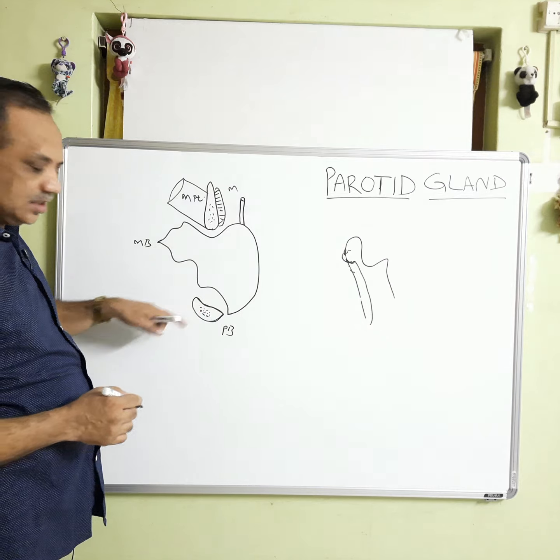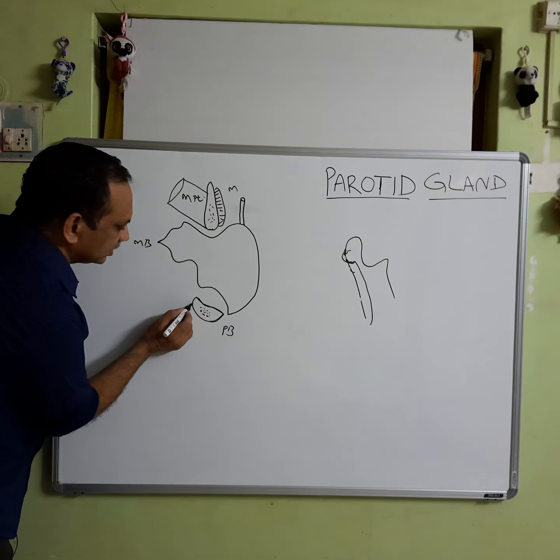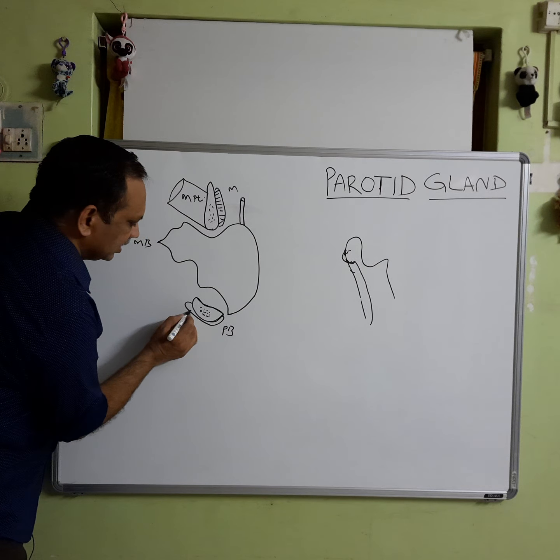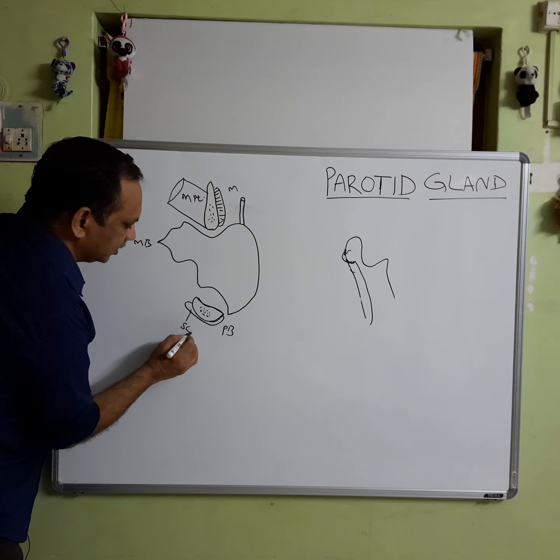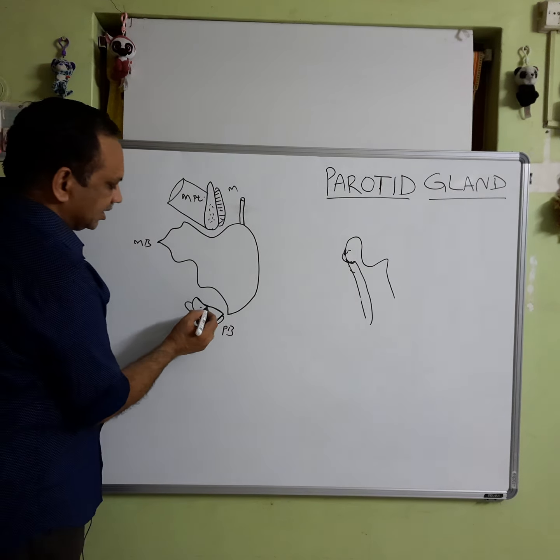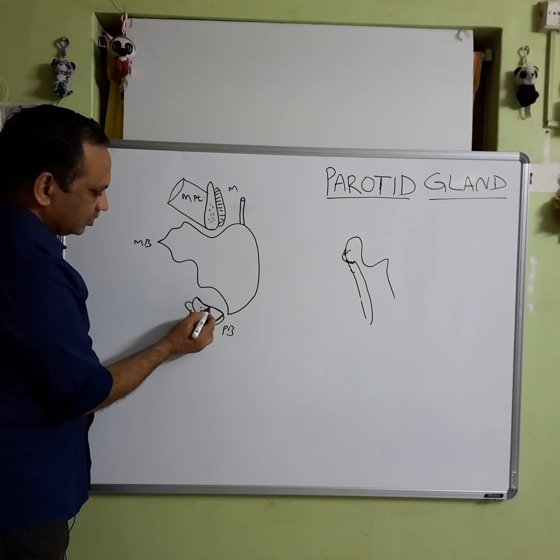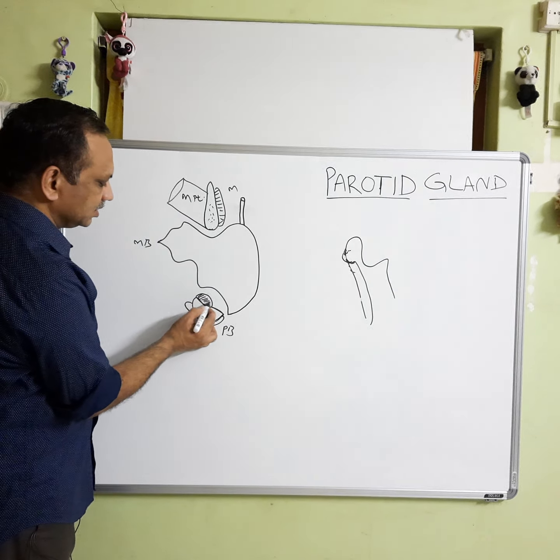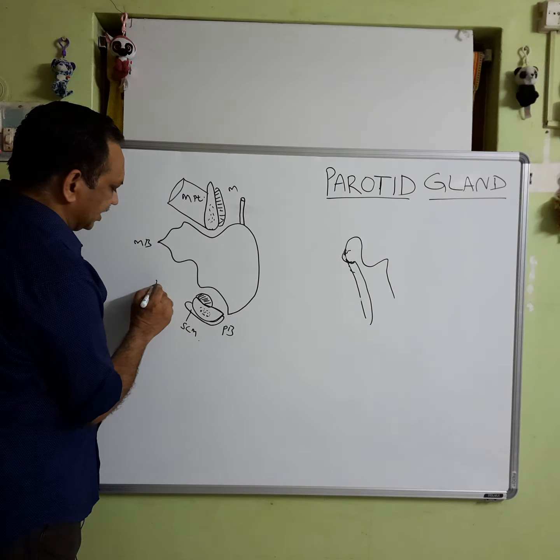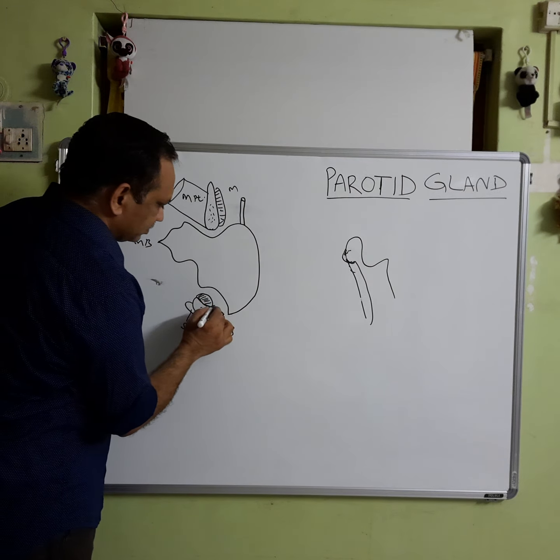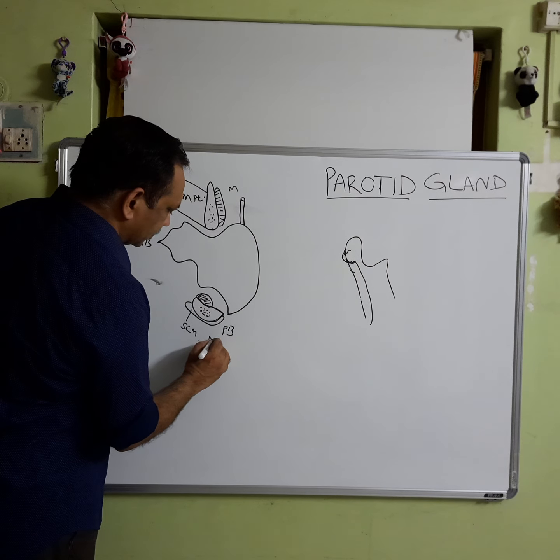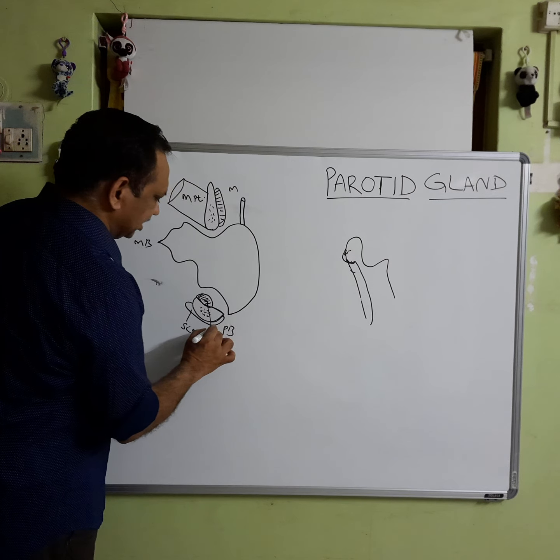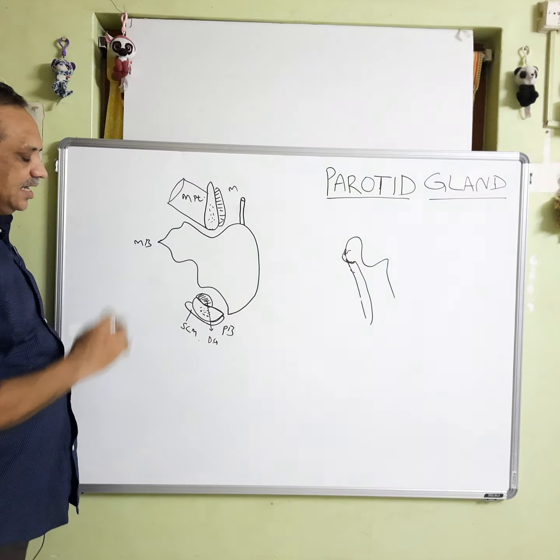The mastoid process on its lateral aspect has the insertion of sternocleidomastoid, and on its medial side there is a groove which is for the origin of the posterior belly of digastric muscle. So, I will mark here. This is the posterior belly of digastric muscle that originates there.